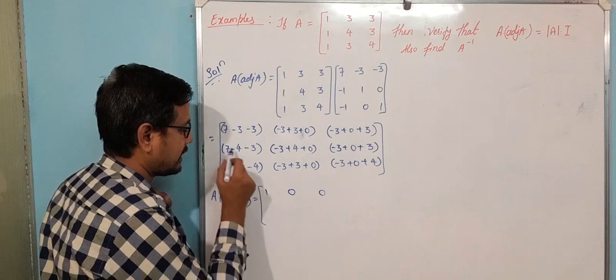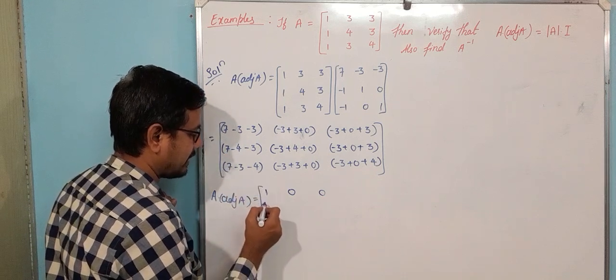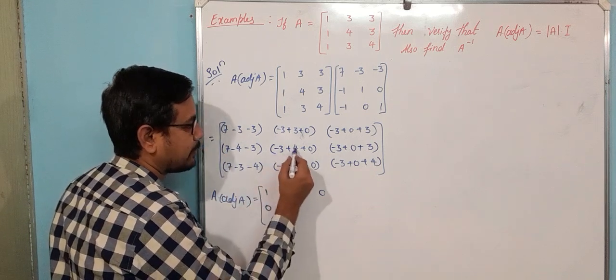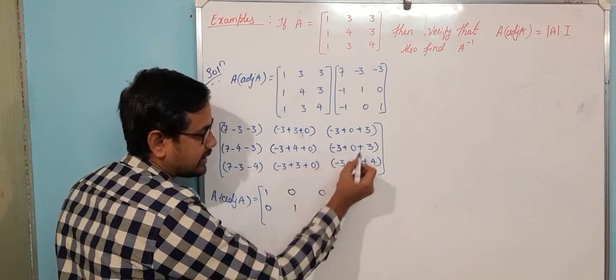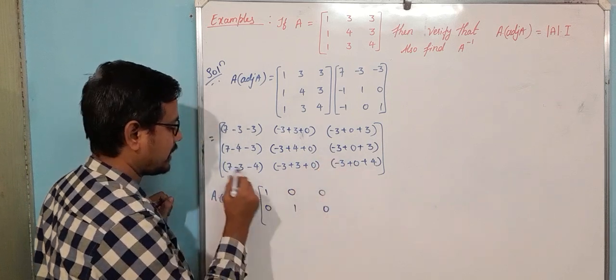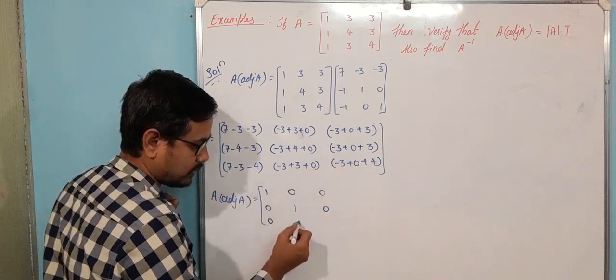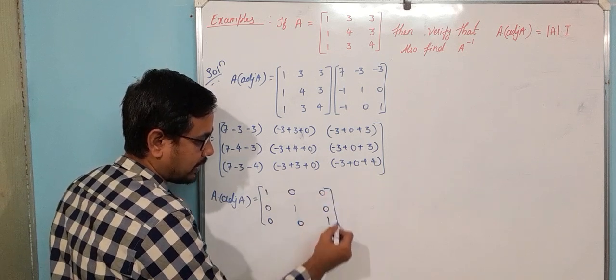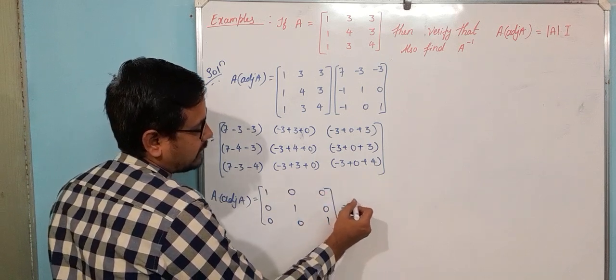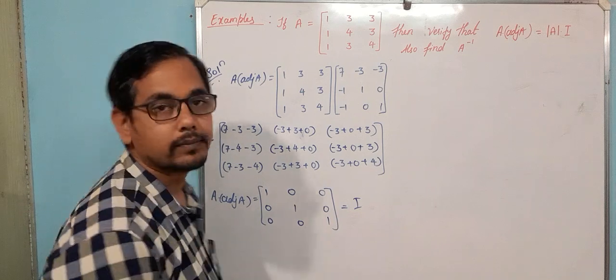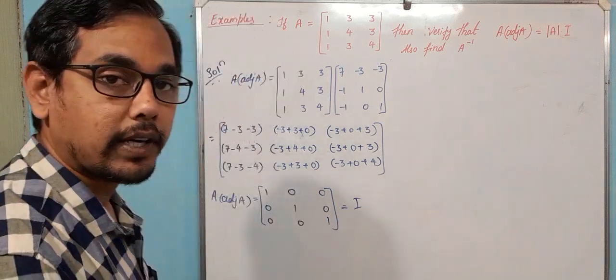Then 7 minus 4 minus 3, that is 0. Minus 3 plus 4, 1. Minus 3 plus 3 is 0. Here 0 0 1. So what is this? Nothing but I. So we got it as equal to I.